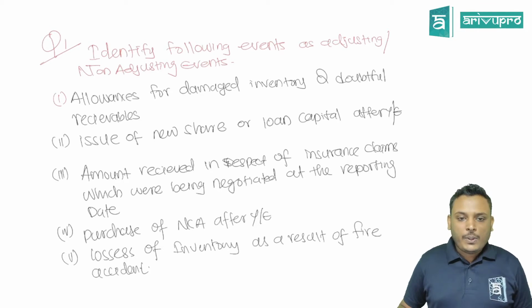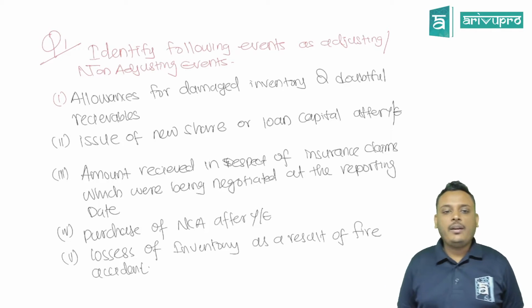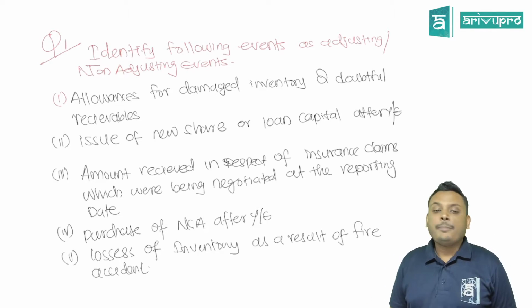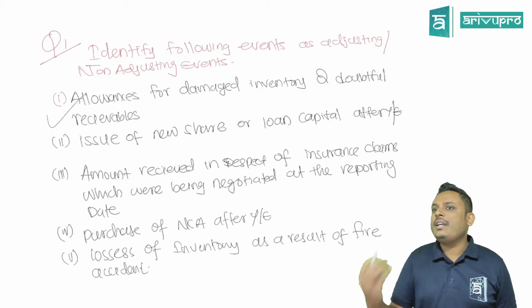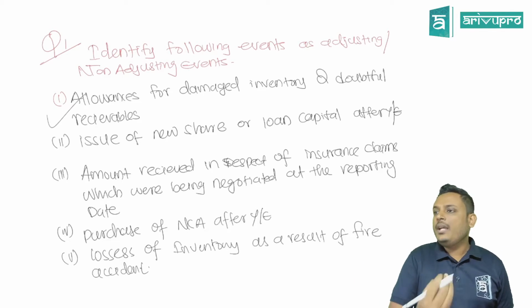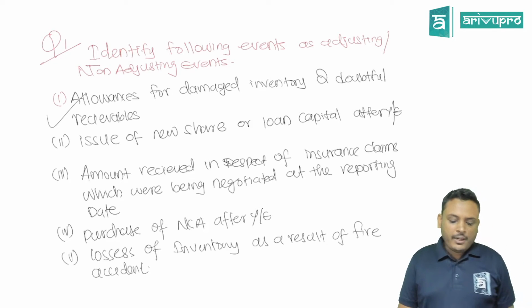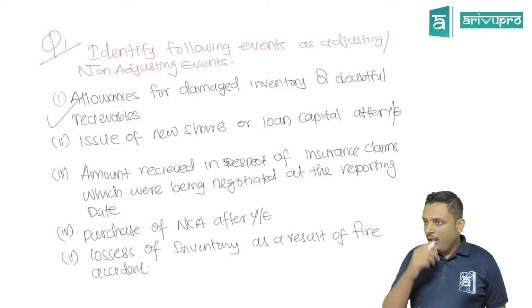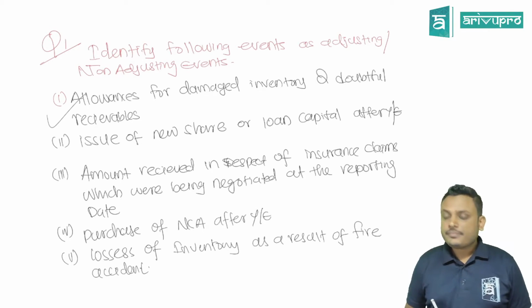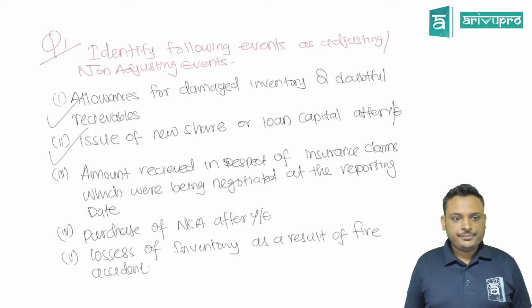Okay, what is the first one? Allowance for damaged inventory and doubtful receivables. Adjusting event, very good. It's an adjusting event because the condition exists that year-end balance need to be adjusted. Second one, issue of new shares or loan capital after year-end. Non-adjusting event, very good.